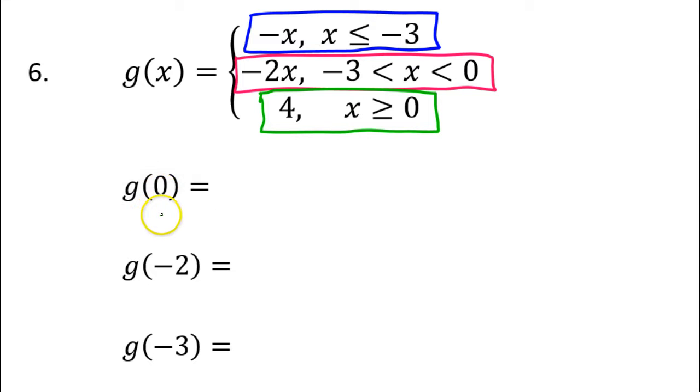Let's see, if x is 0, it all depends on the domain. If x is 0, is that less than or equal to negative 3? Is that between negative 3 and 0? Or is that greater than or equal to 0? Well, obviously 0 is equal to 0. So that means we're going to use the green.